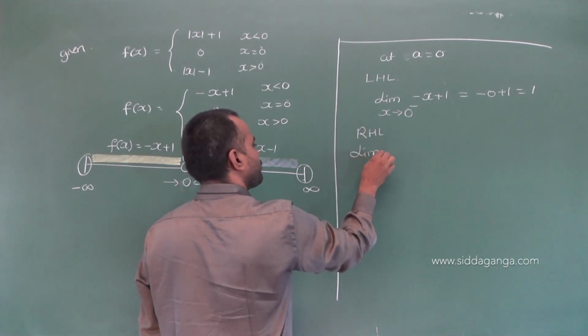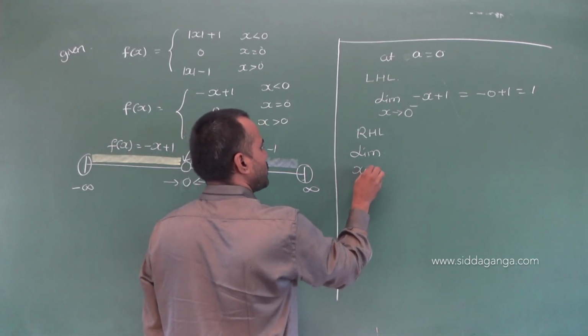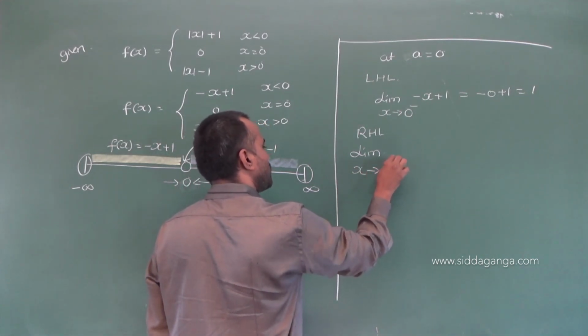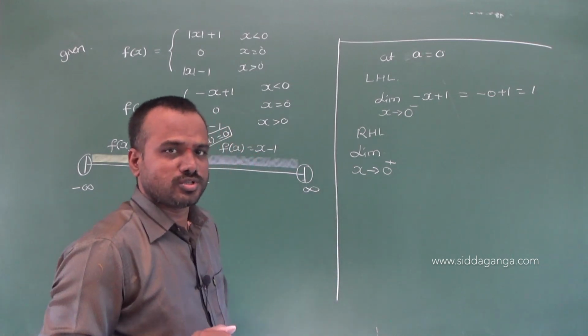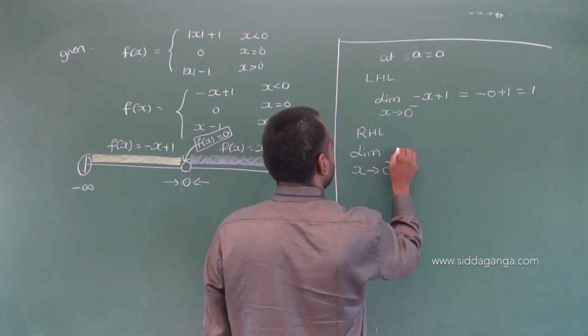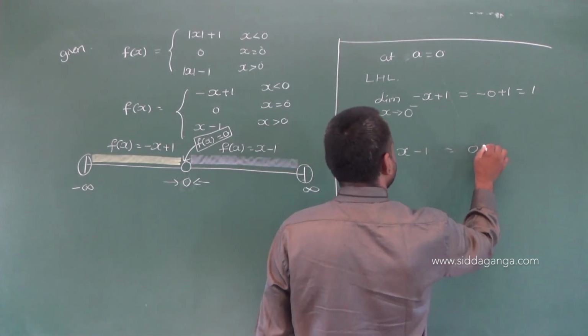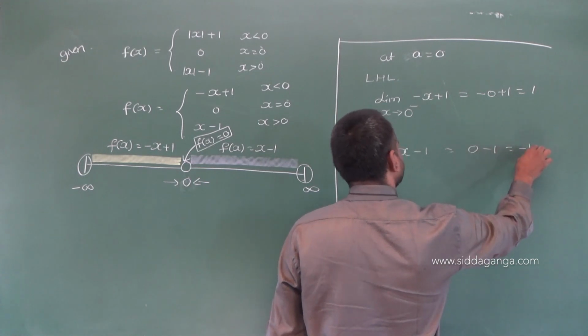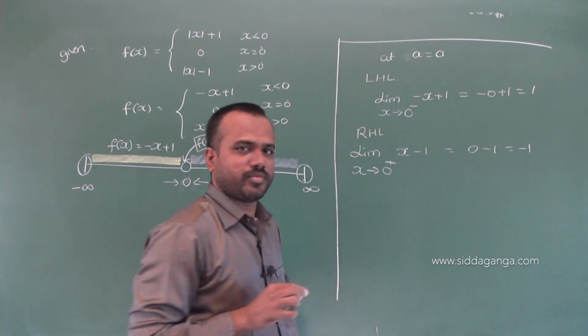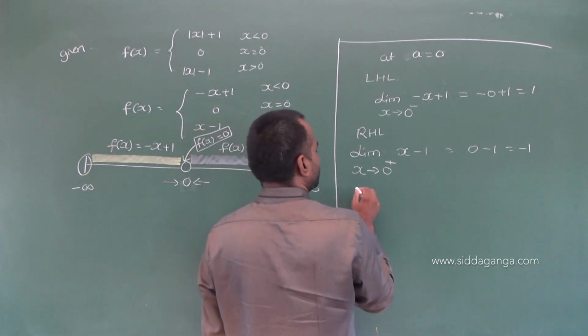Right hand limit, x tends to 0 plus. The function is what? x minus 1. 0 minus 1. Answer is minus 1. Observe here, what is the conclusion?